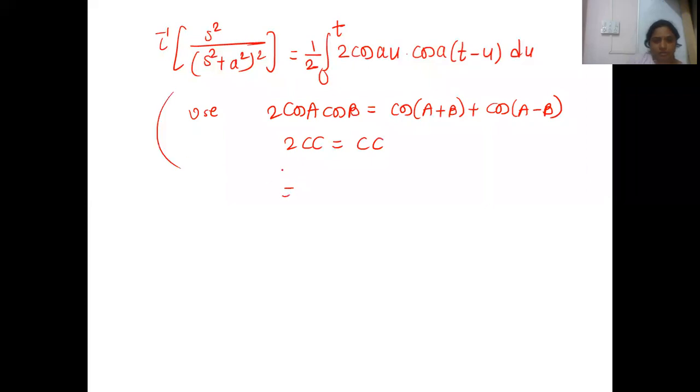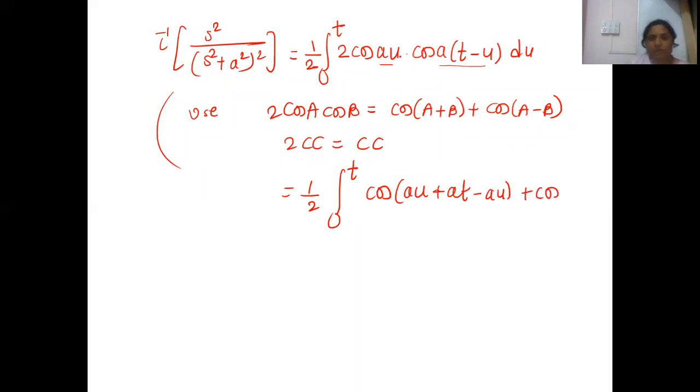So it becomes 1/2 as it is, integration from 0 to t, of cos(A plus B), that is cos(au plus at minus au), plus cos(A minus B), that is cos(au minus at plus au), that is cos(2au minus at), du.